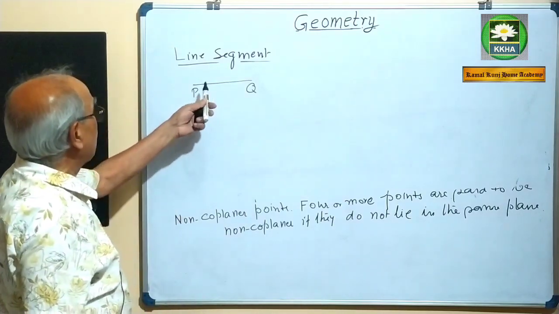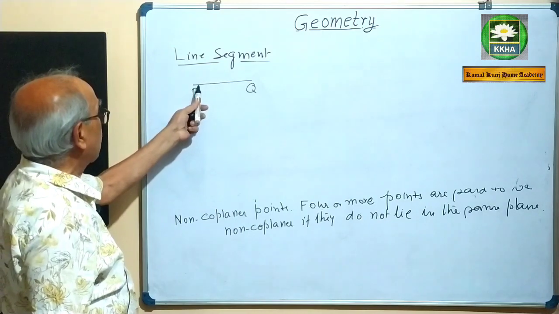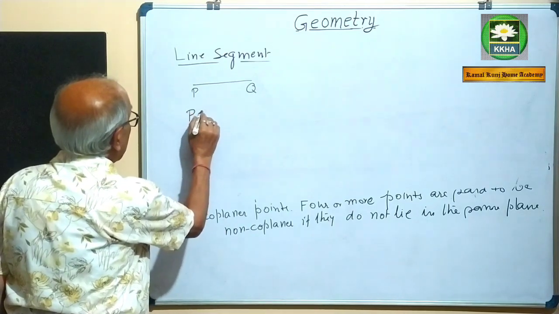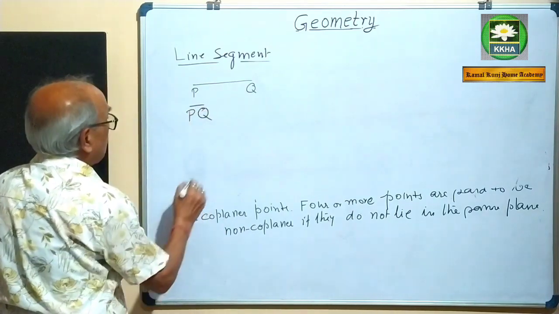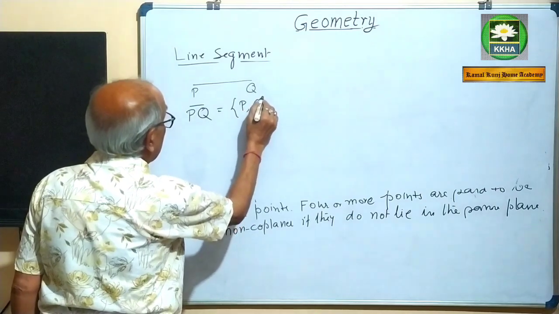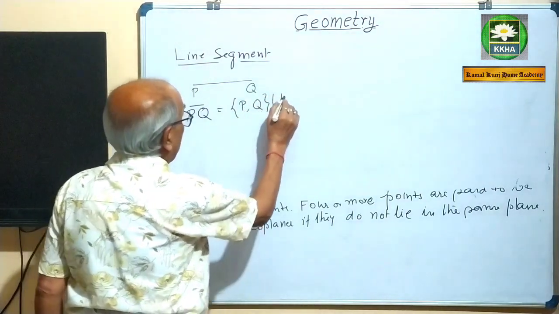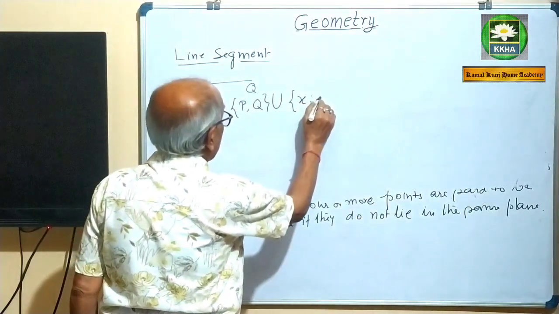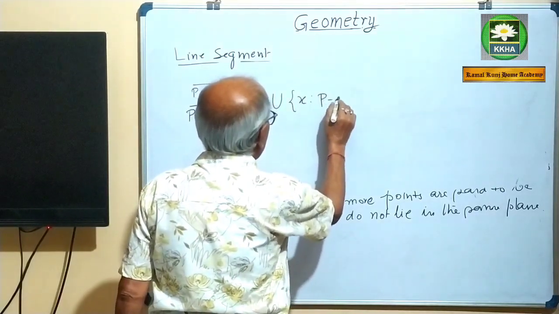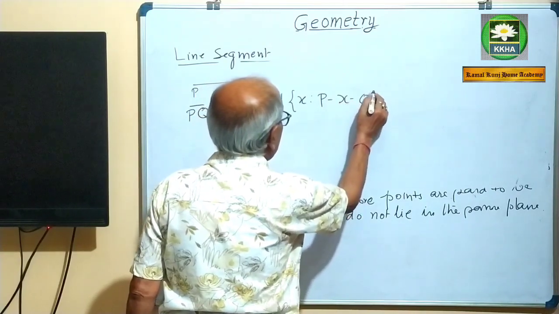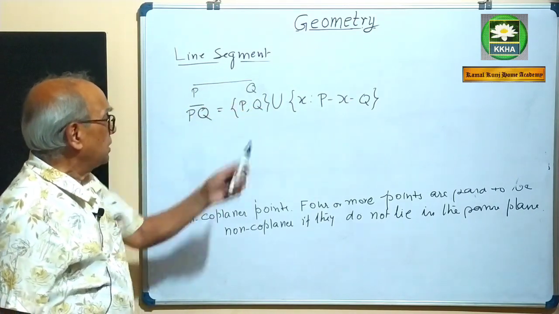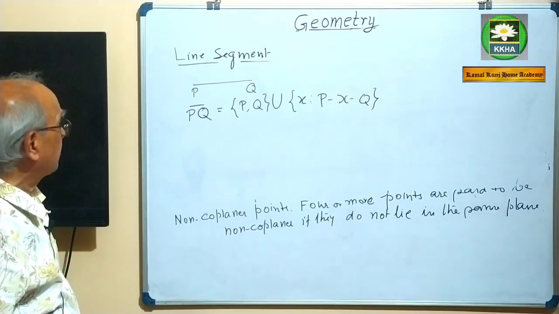Then this line segment is the union of P, Q and all the points between P and Q. It is represented as segment PQ, equal to {P, Q} union {X such that X is between P and Q}. This is called a line segment.